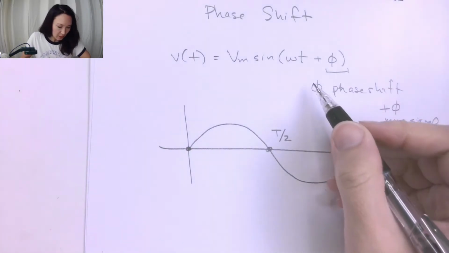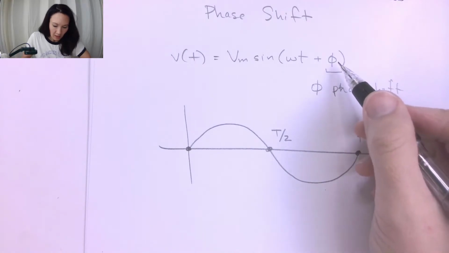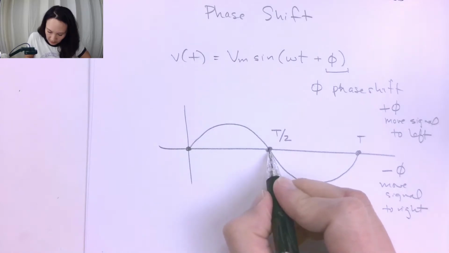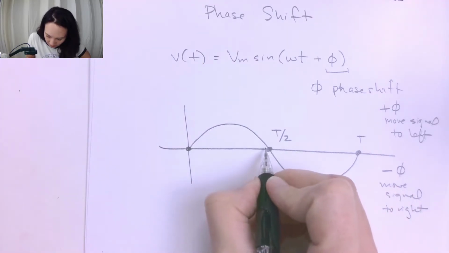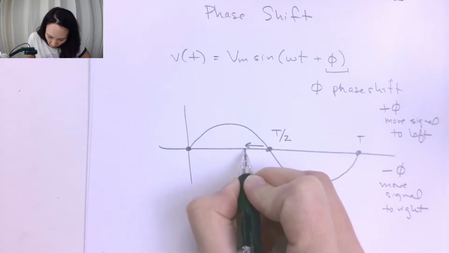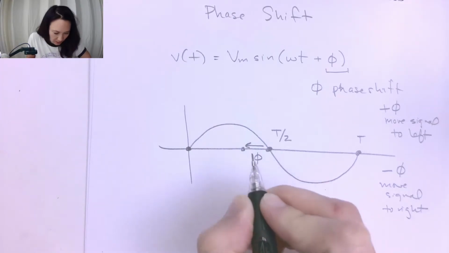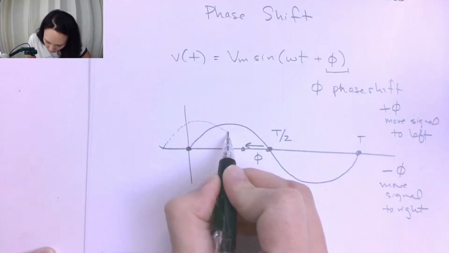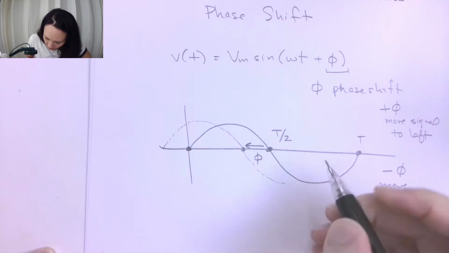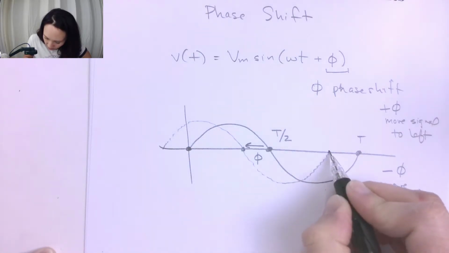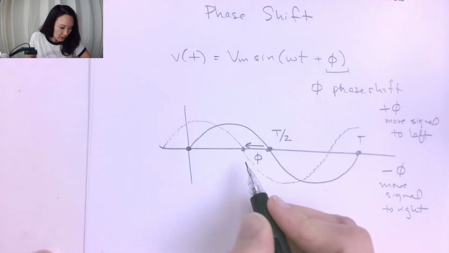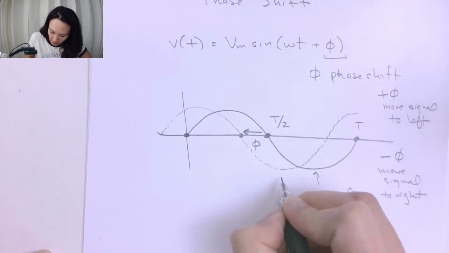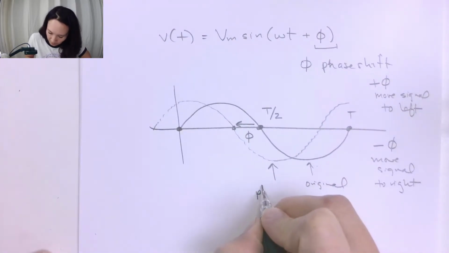So in this case here, since we have a plus phi and our sign here is positive, we're going to take one of the points that is crossing, like the 0 crossing, and shift that point over by this amount phi. So our sine wave ends up being, once we move it, like this. So everywhere is going to be behind or lagging by this phi here. So this is our original, and then this is our phase shifted.